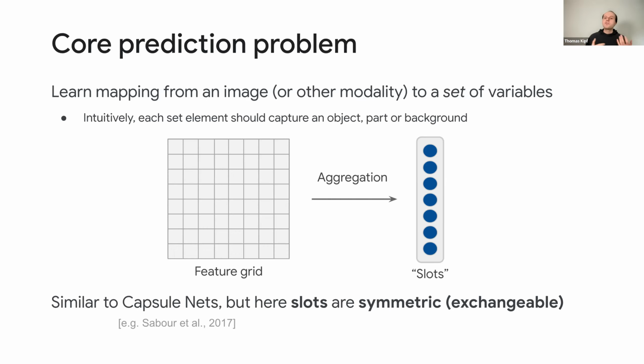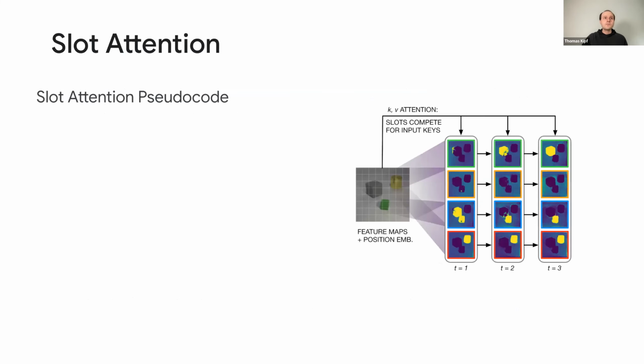And then you need to come up with other mechanisms to break the symmetry, like you have convolutional capsules, for example. But it turns out if you just remove the specialization from this representation and you just make everything exchangeable or symmetric, then you get a lot of these emergent behaviors for free, and it's also easy to implement. And so in terms of implementation, the module is really relatively simple.